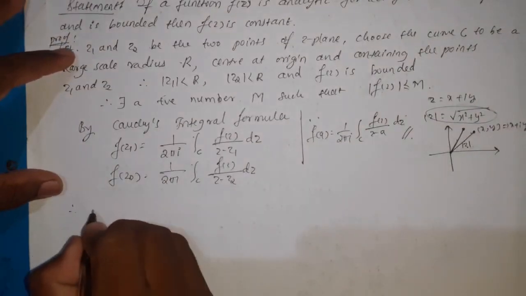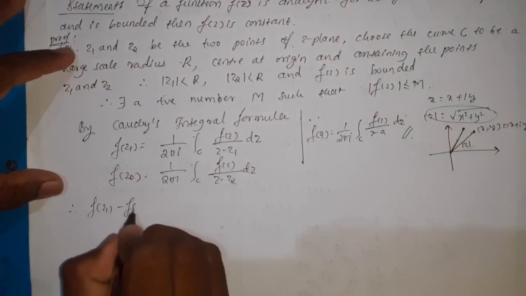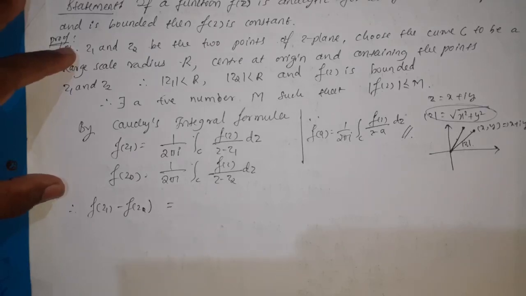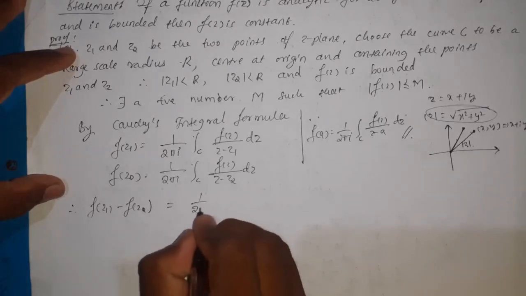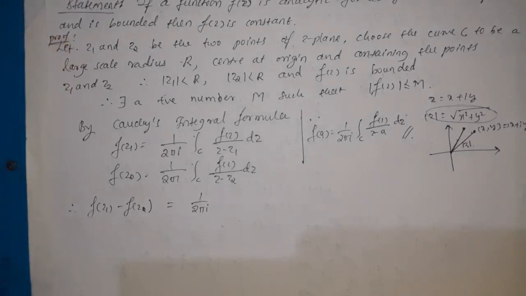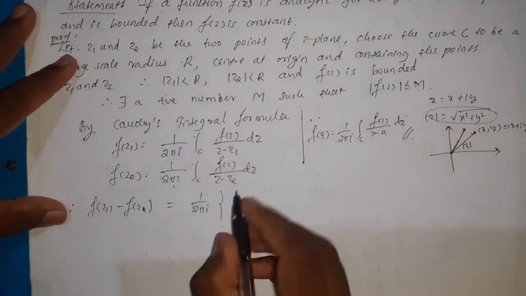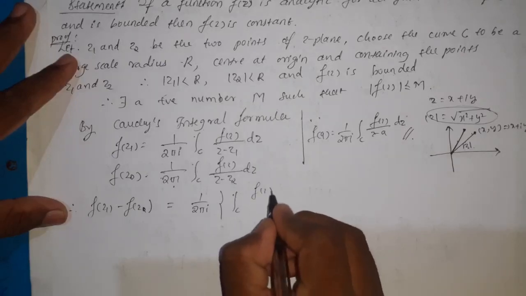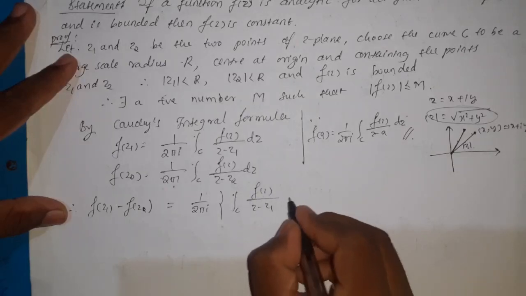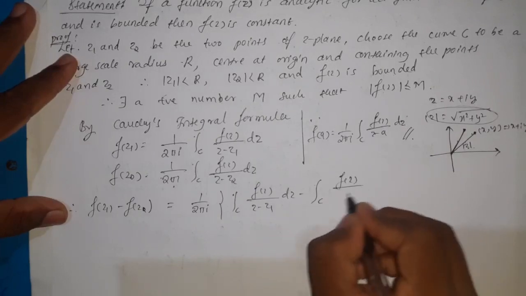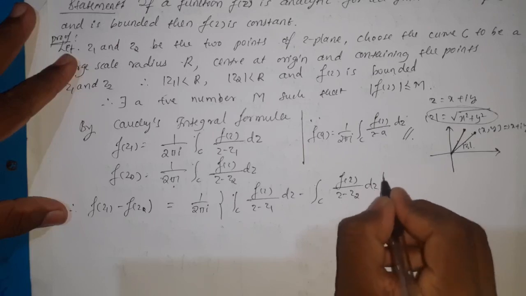Now consider f of z1 minus f of z2. It is equal to 1 divided by 2 pi i, which is common, times integration over C f of z divided by z minus z1 dz minus integration over C f of z by z minus z2 dz.